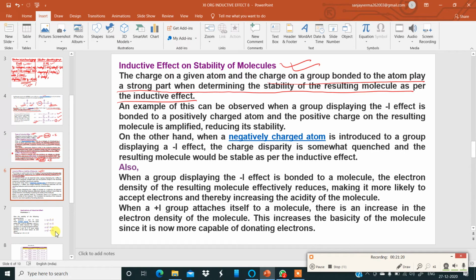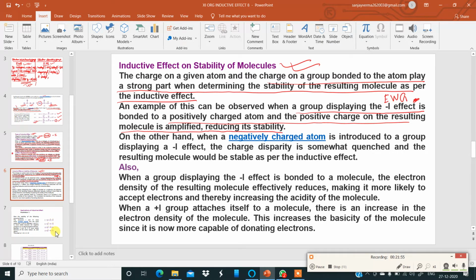An example of this can be observed when a group displaying the minus I effect, and when I am talking about minus I effect, always keep in mind electron withdrawing groups like halogens, nitro, cyano, carboxy, ester, aryloxy, and so on, is bonded to a positively charged atom and the positive charge on the resulting molecule is amplified, reducing its stability.